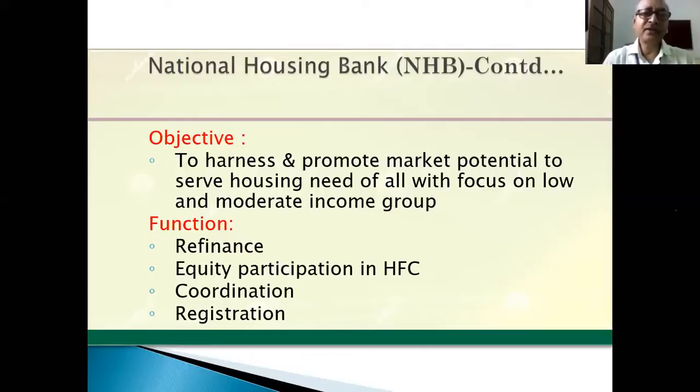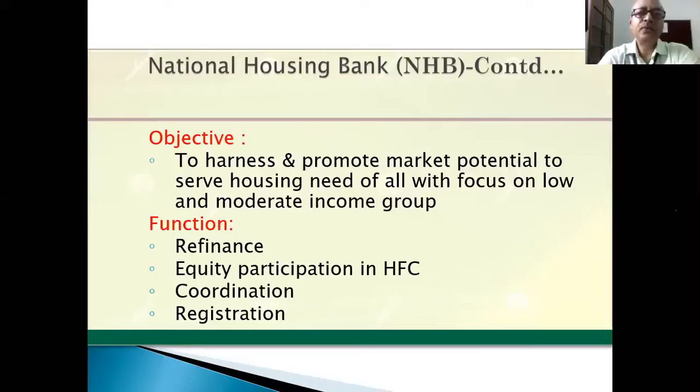And the finance, like other DFIs, one is refinance, because already there is no dearth of institutions who are financing the housing sector. So the liquidity problem of those institutions can be taken care of by NHB through the mode of refinance. And then in housing finance companies, it can have equity participation.